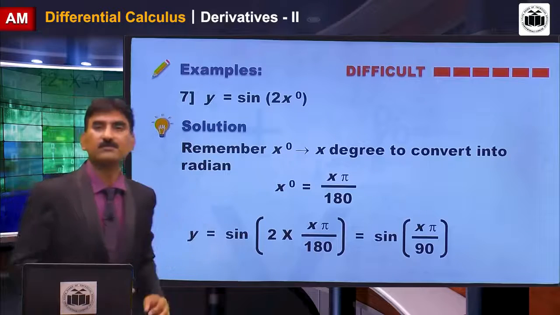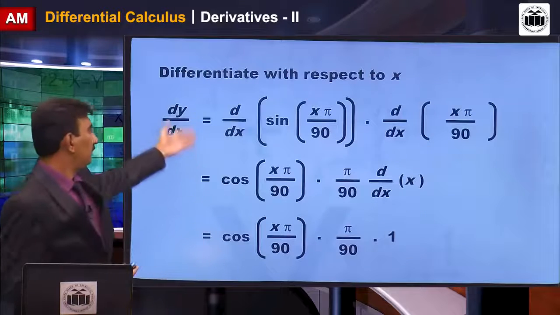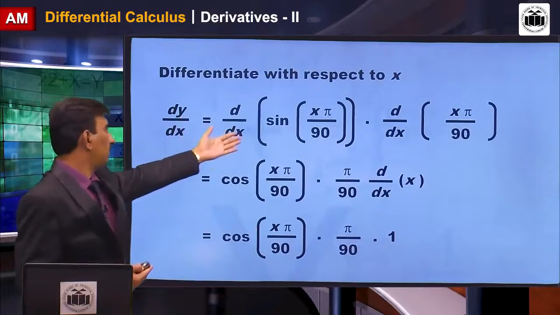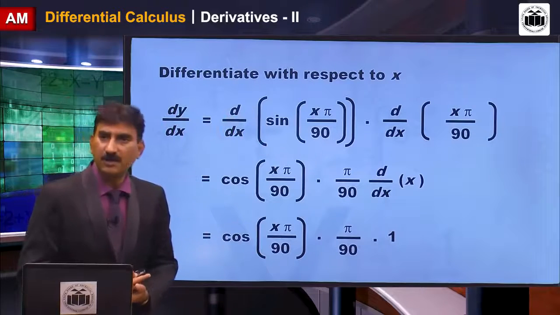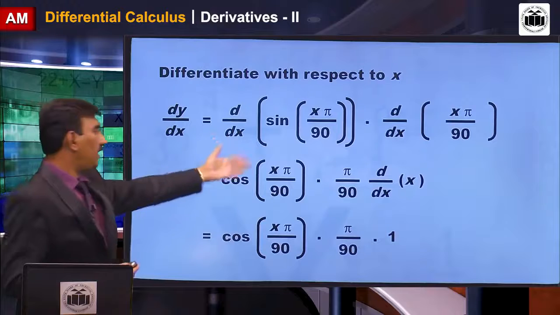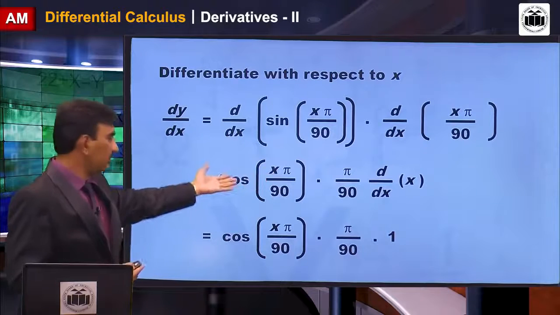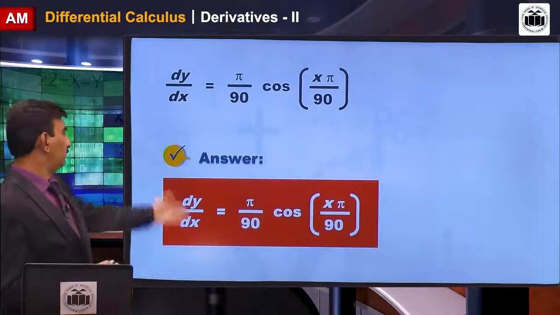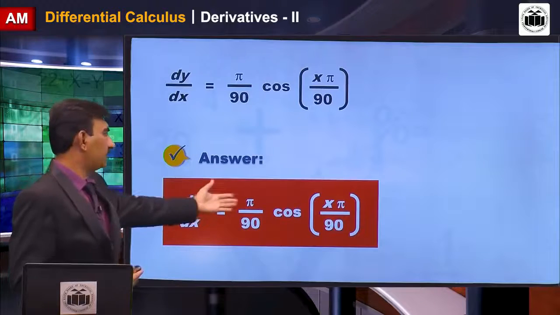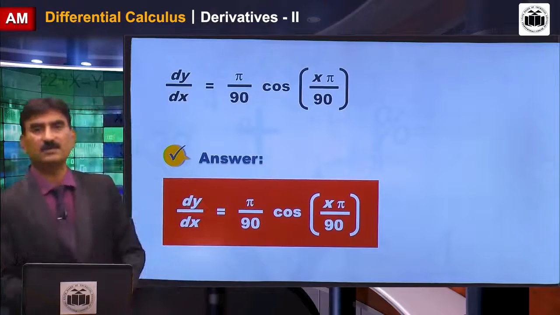Remember these things. Now apply the chain rule. First you take derivative of sine x pi upon 90, then you take derivative of x pi upon 90. Pi upon 90 is constant, so we take it outside and you take the derivative of x. So what is the final answer? dy by dx is pi upon 90 cos of x pi upon 90.